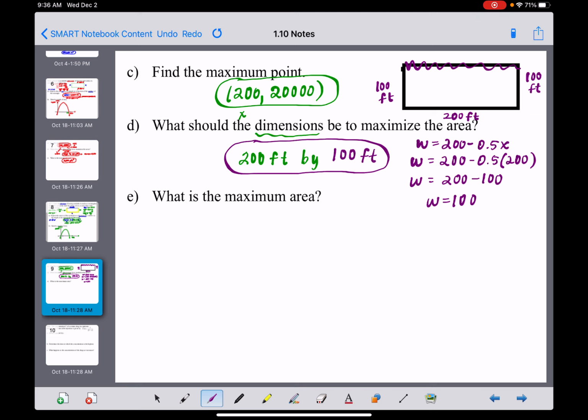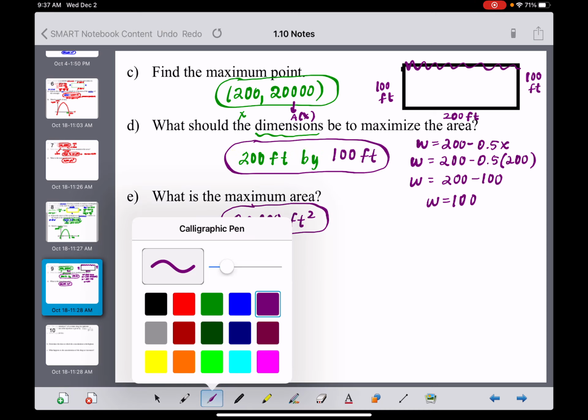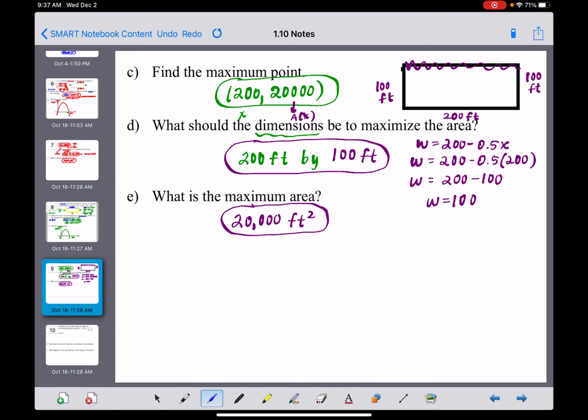Okay. Also, area, remember area is this y value. So the area is 20,000 square feet. Again, length times width would be two-dimensional. But guys, notice if you take 200 times 100, you get 20,000. So another way that you could find the dimensions is if you know that this first number is x and the second number is a of x, you know that area equals length times width.